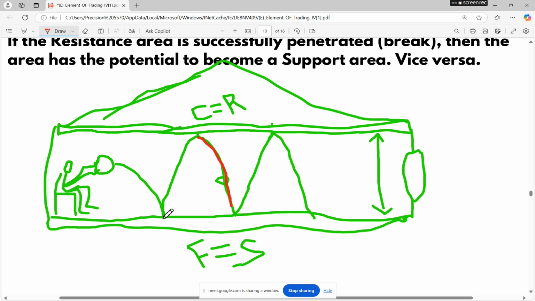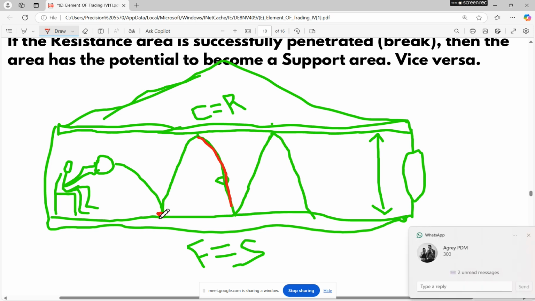We find support and resistance basing on the swing lows and swing highs. The major thing is finding the first swing low. When you find the first swing low, you have found a support level. For example, this ball came here and it bounced off from here, so it created a swing low.